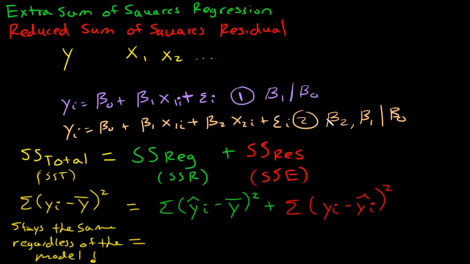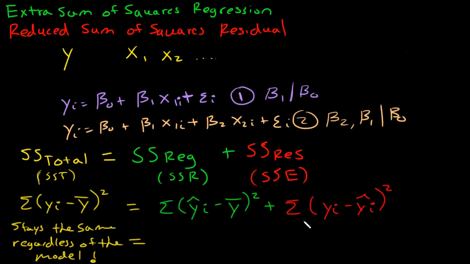In no possible way could the residual for model 2 be more than the residual for model 1, because x1 is in both the models. So x2 can either help or do nothing for us. If it does nothing for us, then the residuals for both models will be the same. If it helps, then the residuals from model 2 will be less.